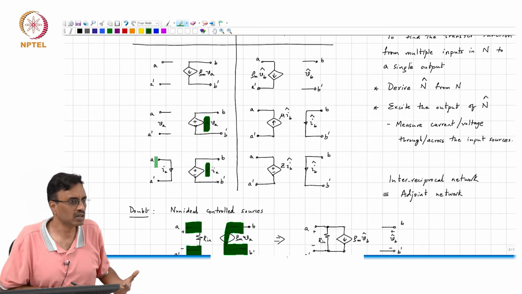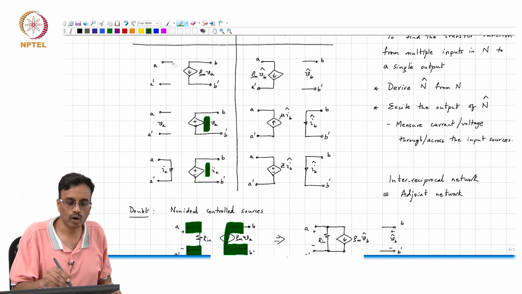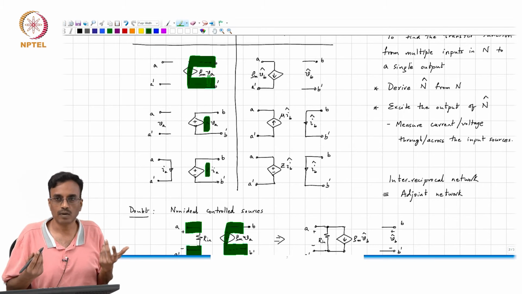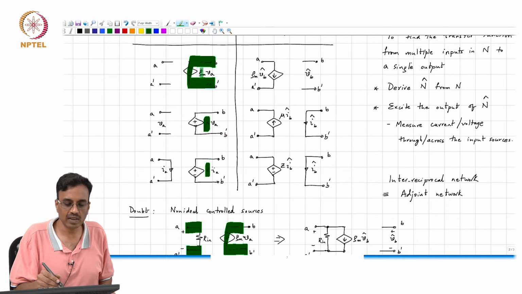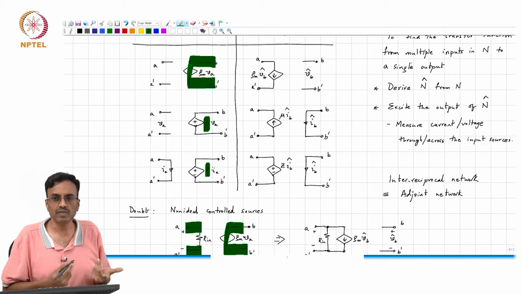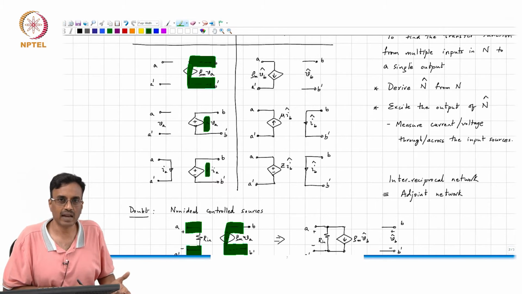Is also 0, right? And likewise with a voltage controlled current source, if this current is finite and GM is infinite, it's easy to see that the voltage difference between A and A prime is 0, correct?